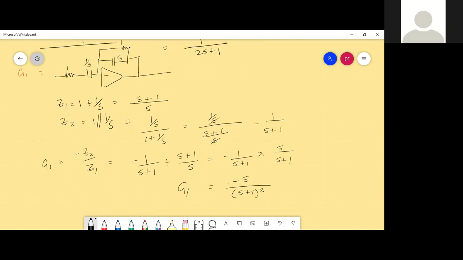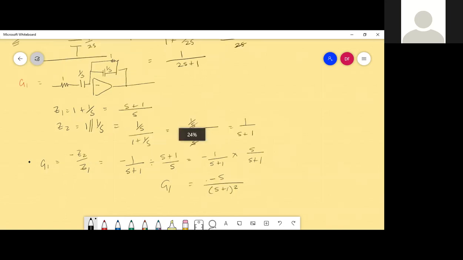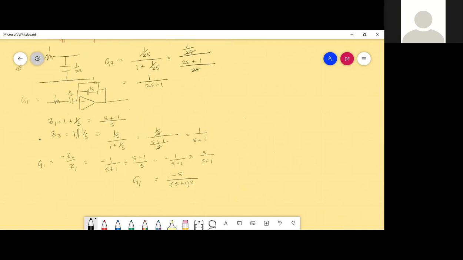Sir, you can zoom out, please. Sir, if you can zoom out, because the right above where G2.